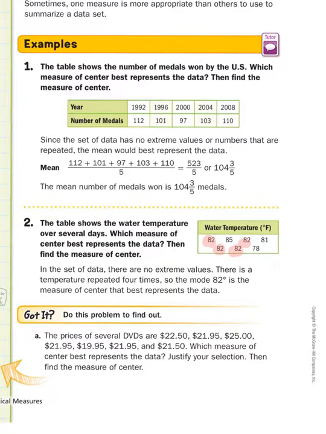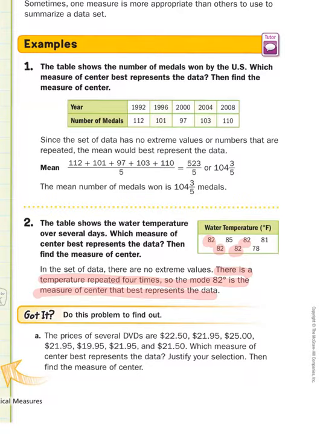So the mode would be 82, and about half of the numbers are 82. So this would be one of the situations where you would choose the mode. If you read down here, in the set of data, there are no extreme values. There is a temperature repeated 4 times. So the mode, 82, is the measure of center that best represents the data.